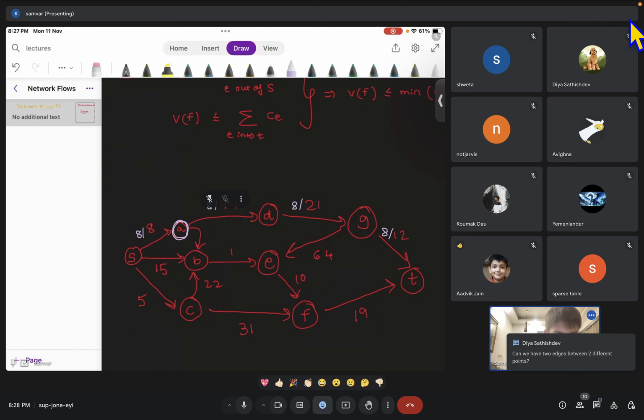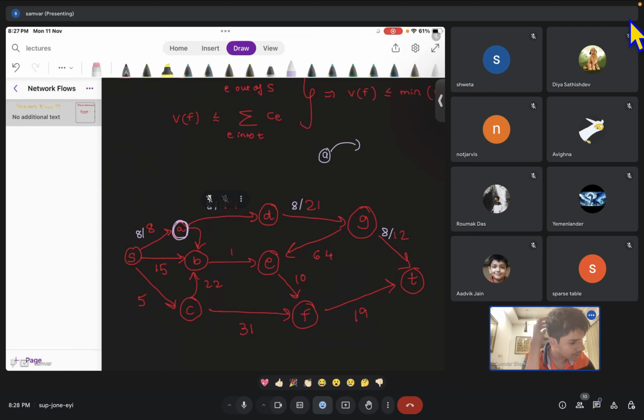Can we have two edges between two different paths? No, we're talking about a simple graph. Between every pair of vertices, there is one edge. Okay, that's an interesting question, and I'm just thinking about it. I think you can do this, right?